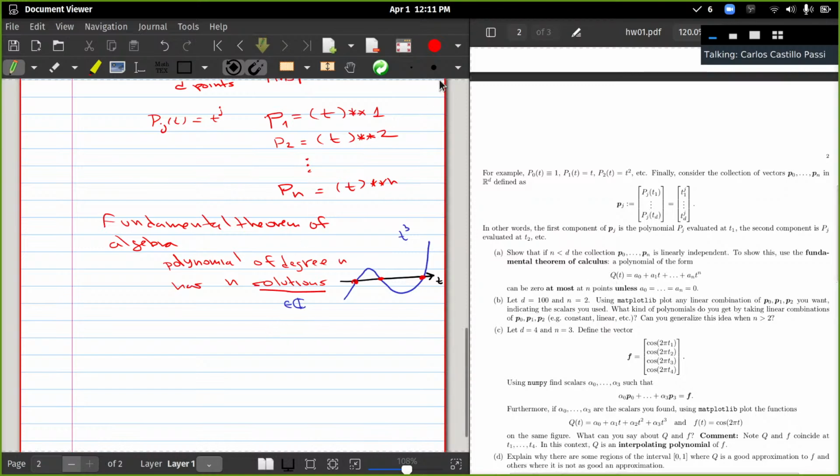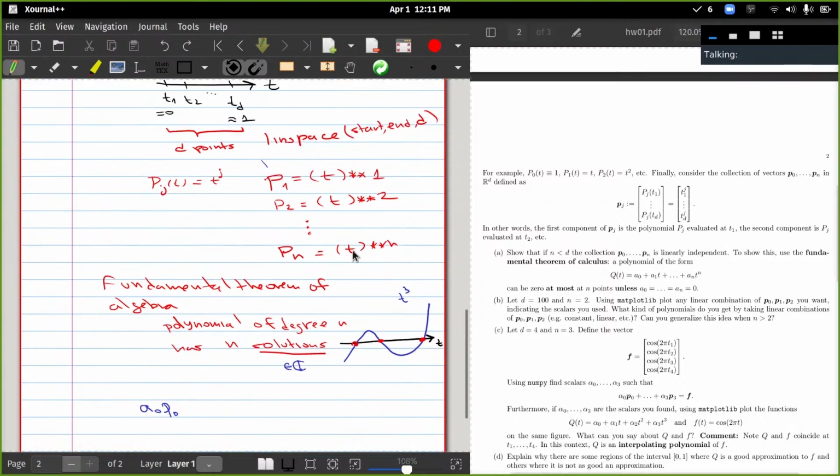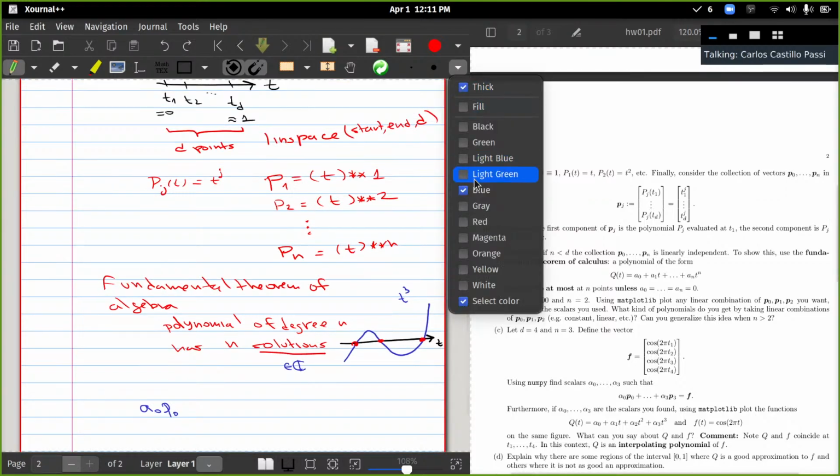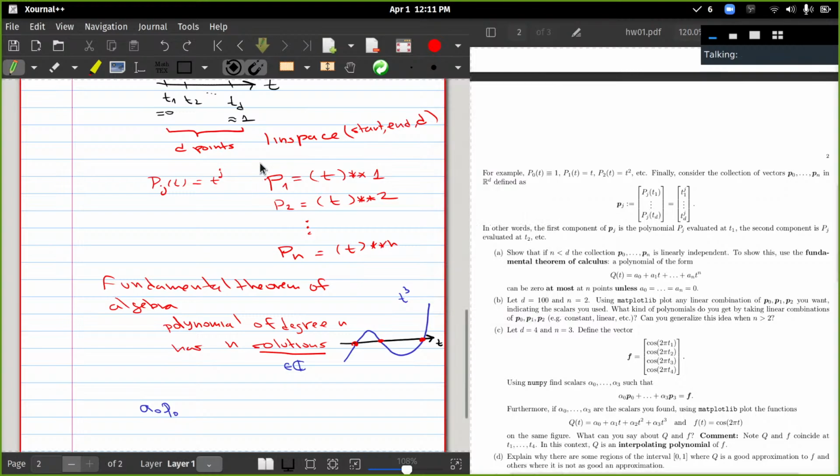So basically, what they are implying is that you do something like A0, P1, starting from 0. Here I was missing 1. It starts from P0 equals t raised to the power of 0.